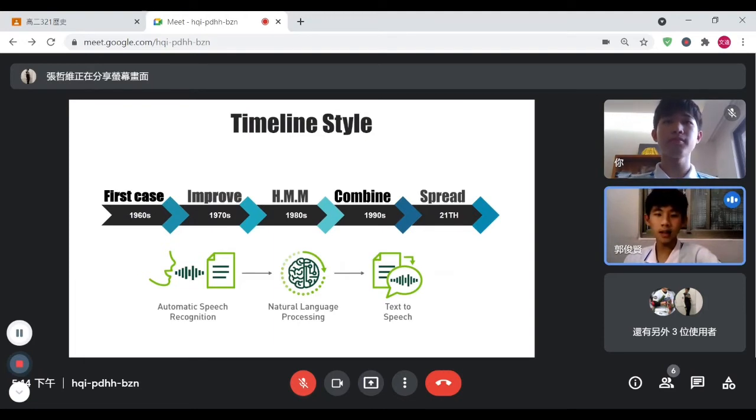Next, in the 1980s, one of the breakthroughs came when a statistical method known as the HMM model was invented. In the 1990s, speech recognition was combined with computers and truly became known by people. Nowadays, this technique has been widely applied with the internet, like Siri on your phone or OK Google.